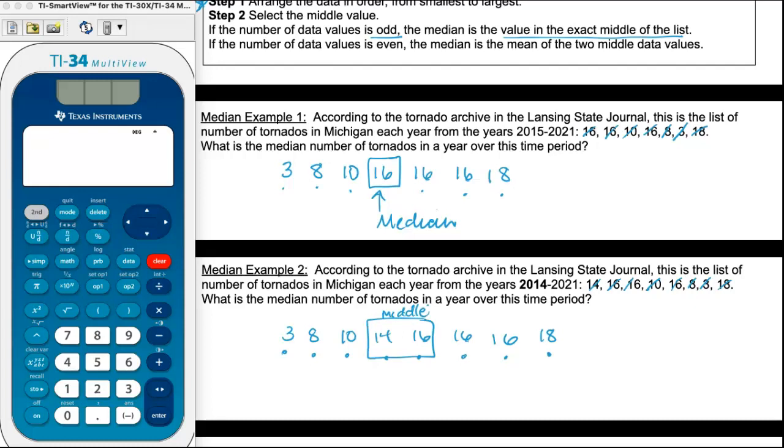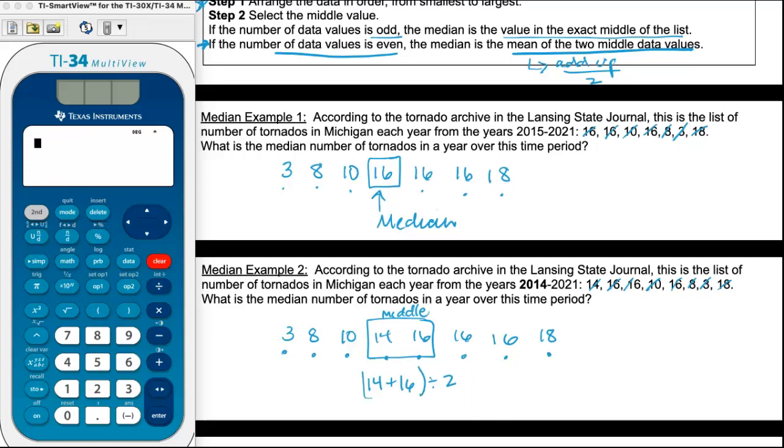And so when you reach this situation, what you're going to do is take the middle or the mean of those 2 data values. And that's what it says in this line right here. So if the number of data values is even, you're going to find the mean of the 2 data values, which just means add them up and divide by 2. So I'm going to take 14 plus 16, and divide by 2.